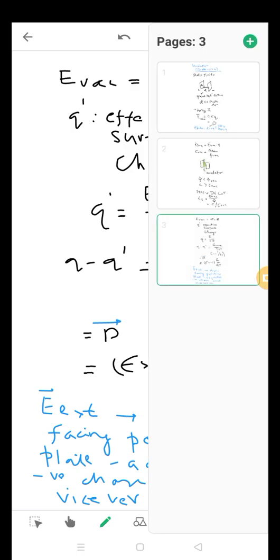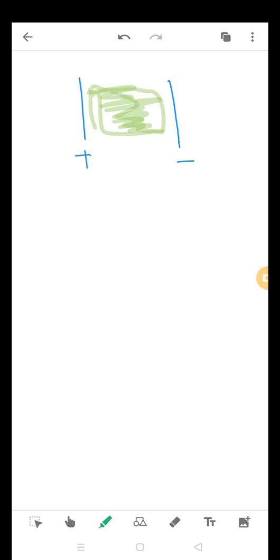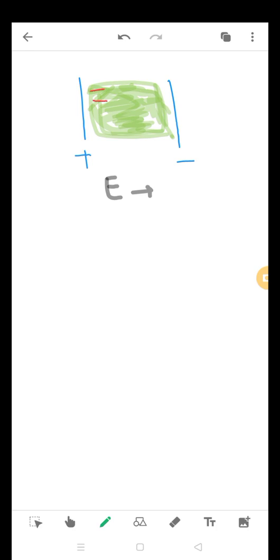So it looks something like this. If we have a positive plate and a negative plate, and you have introduced a dielectric between them, and you are now applying electric field E, what happens is that here there will be negative charge and here there will be positive charge.